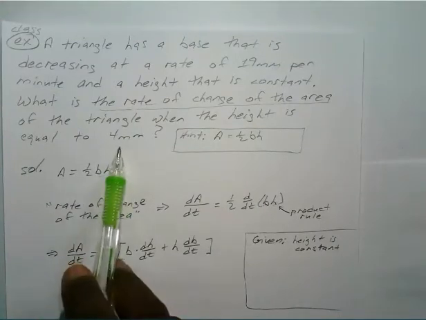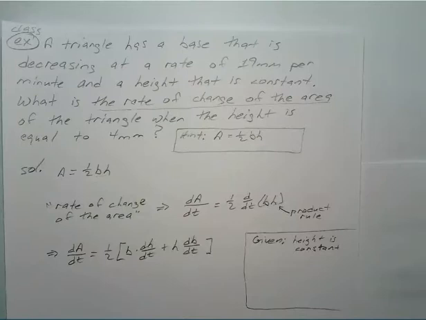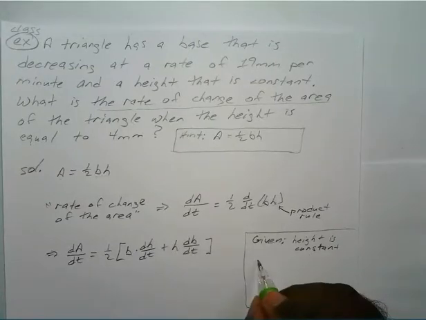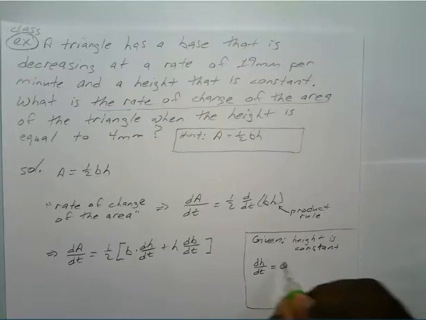Well, we know here it's 4 millimeters. But if the height is constant, that means it's not getting any taller, it's not getting any shorter, it's constant. So the rate of change is going to be 0 because there is no change. The height is constant. So that means the rate of change of the height with respect to time is equal to 0.